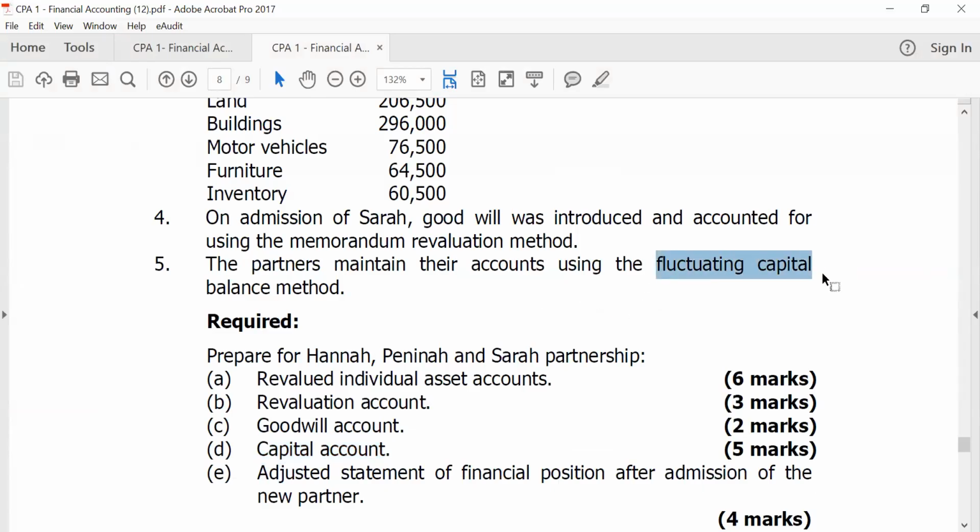They say that they are using the fluctuating capital balance method. The fluctuating capital balance method. I think I've commented on this in the class. Anyone wants to try on this one as well? Maybe another person other than the one who has just told us about the memorandum. Anyone wants to comment on the fluctuating capital balance?